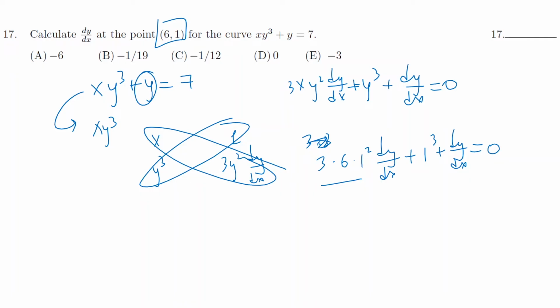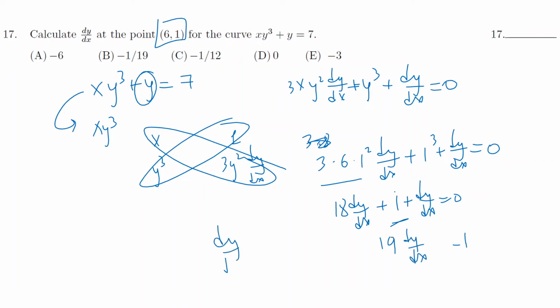So this is 18 dy/dx plus 1 plus dy/dx equals 0. I'm moving the 1 to the other side, so it's negative 1, and here I'm getting 19 dy/dx's, which gives me dy/dx equal negative 1 over 19. Again, I'm trying to do this as fast as I can.